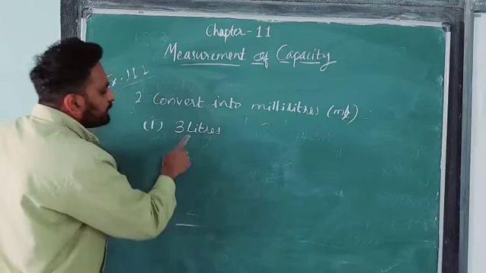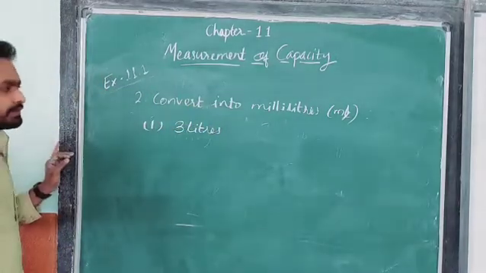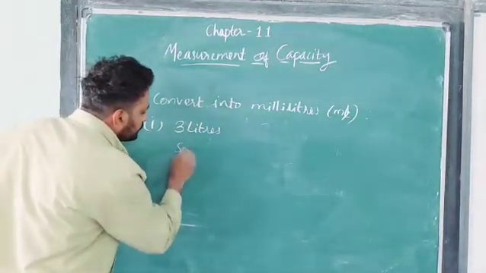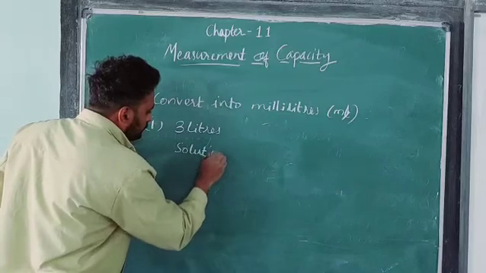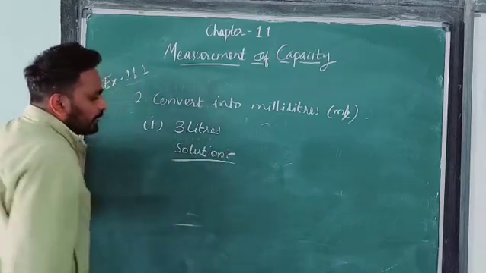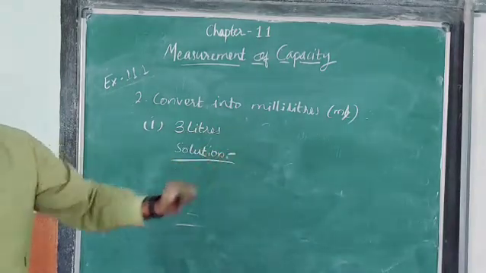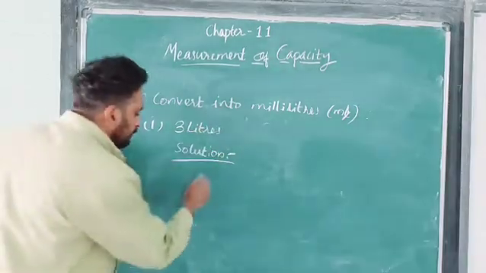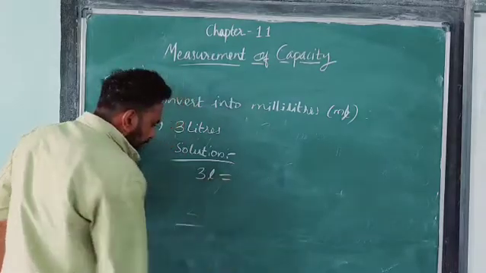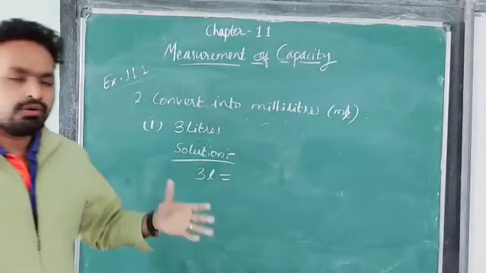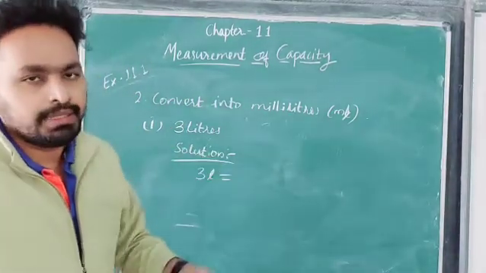We have to convert 3 liters into milliliters. So let us convert. How to convert 3 liters into milliliters? 3 liters is equal to, you all know 1 liter is equal to 1000 milliliter.